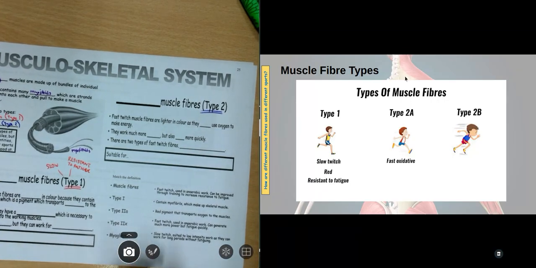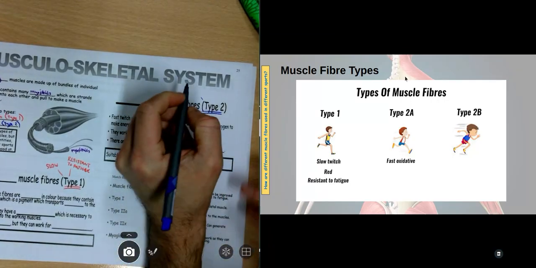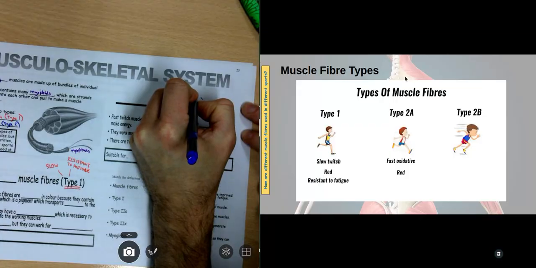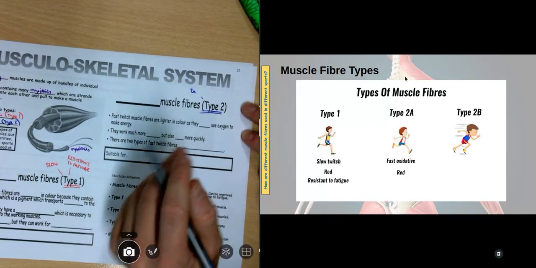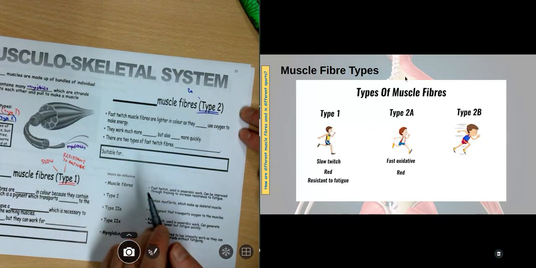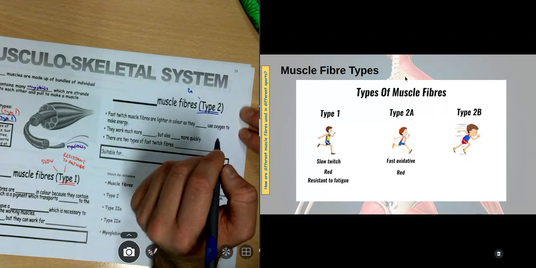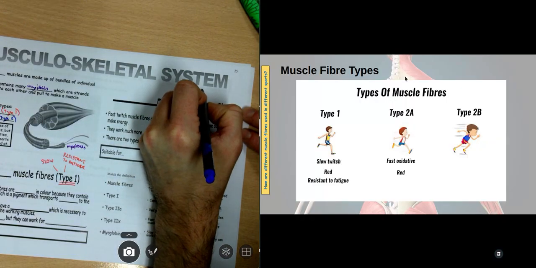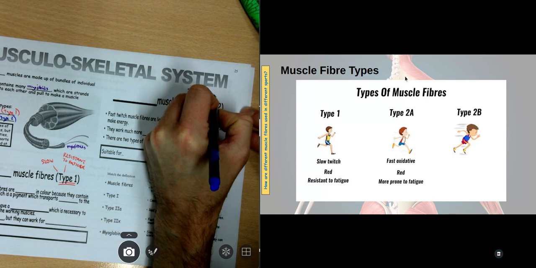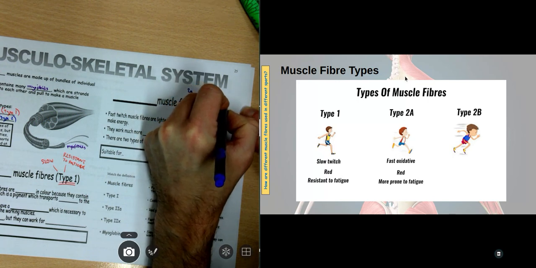These fibres contain a large number of mitochondria and myoglobin, hence their red colour. They manufacture and split ATP at a fast rate by utilising both aerobic and anaerobic metabolism. As a result, they produce fast, strong muscle contractions, although they are more prone to fatigue than type 1 fibres.